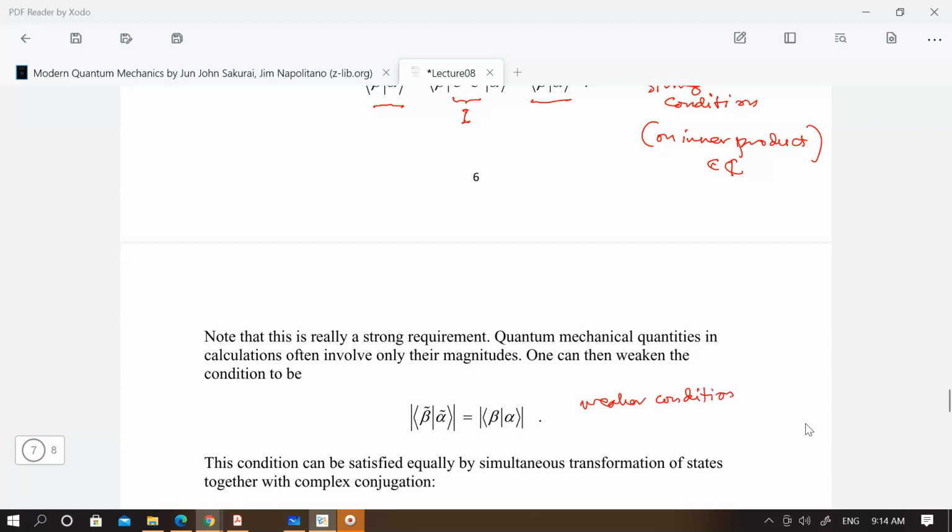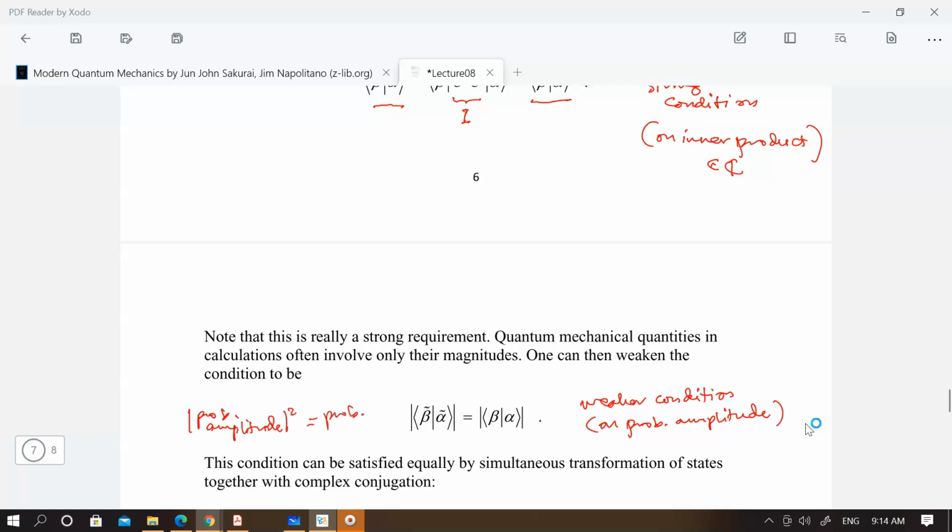This in fact is a condition on your probability amplitude rather than your inner product. I should be careful with the word amplitude here, but essentially your probability amplitude squared equals the probability.